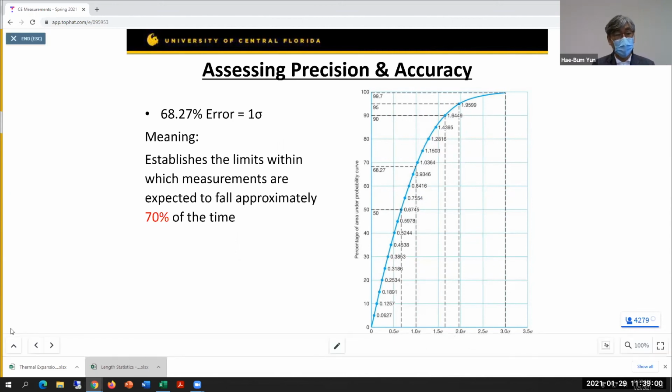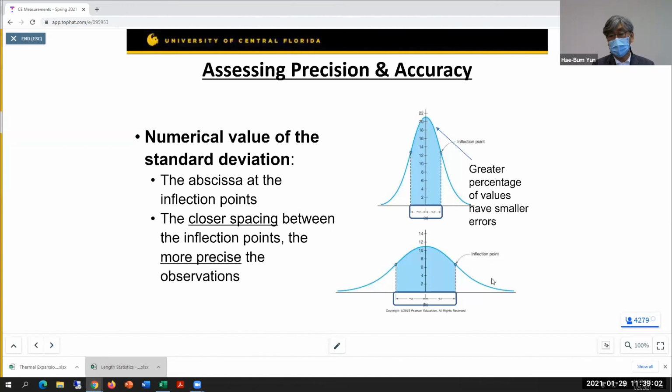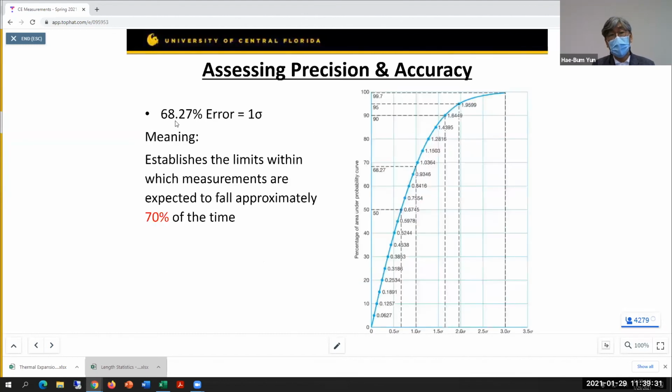Back to our previous curve, I shaded the region on the x-axis that is one standard deviation with respect to the center line average. If you measure this area, it will be 68.27% of the entire curve area.